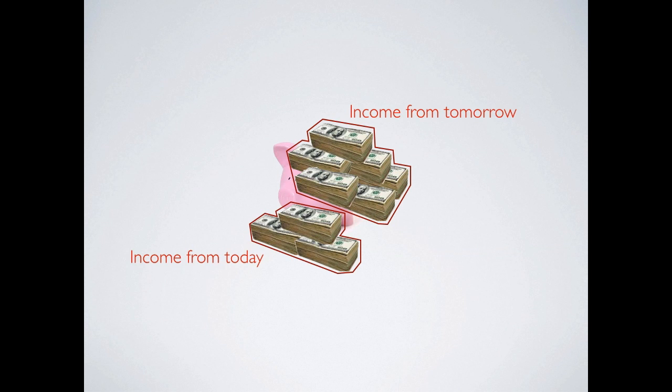Now we move on to talk about the income, or so-called wealth effect. Remember that for intertemporal budget constraints, your bucket has 2 piles of cash, from today and from tomorrow. Suppose that you are a saver. It means that you move some piles of cash from today to tomorrow.